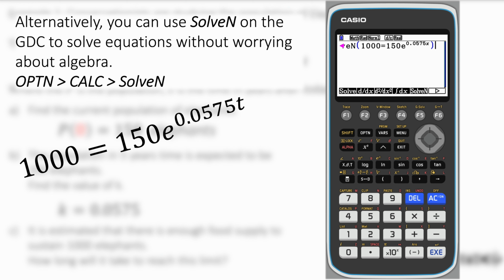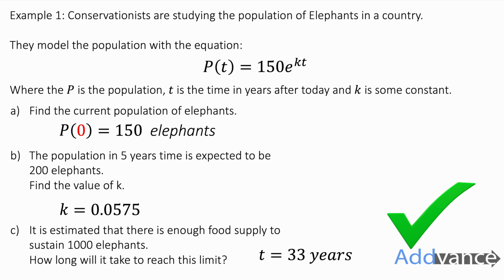And we press exe, and it has this error warning, ignore that, and we still type in, and we press exit, and we get the value of x, or the value of t, is 32.99, similar to before. It's just this way is a bit quicker. You don't have to rearrange the equation to be able to solve it using a GDC. Very, very handy. Okay, so we've got it will take 33 years to reach this limit.